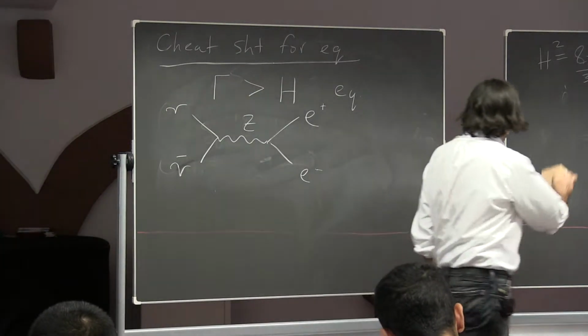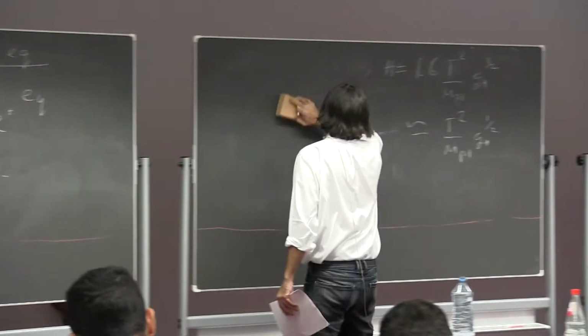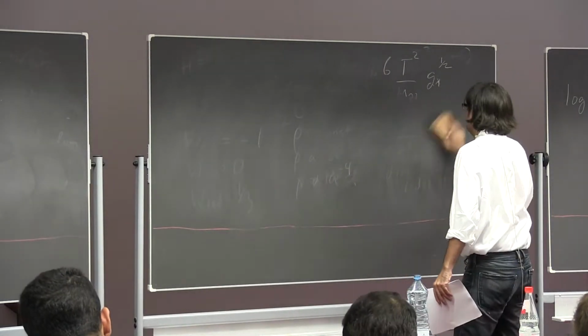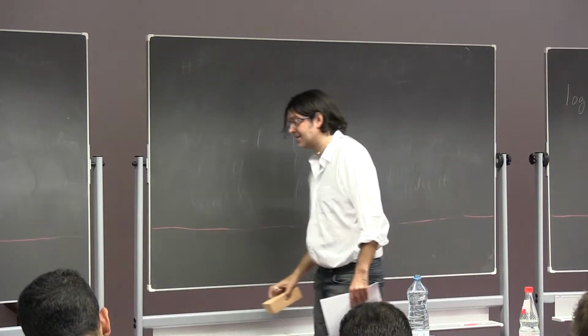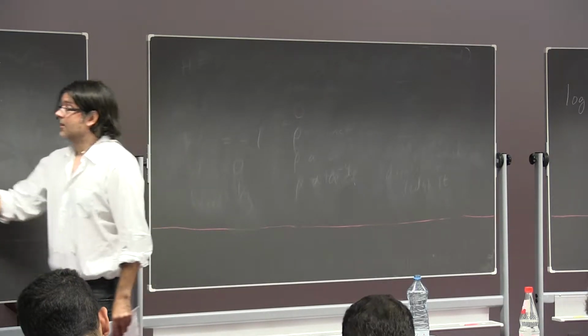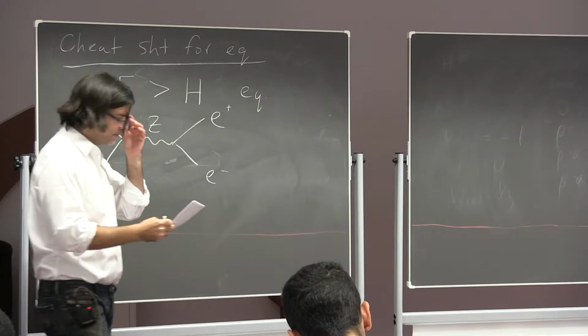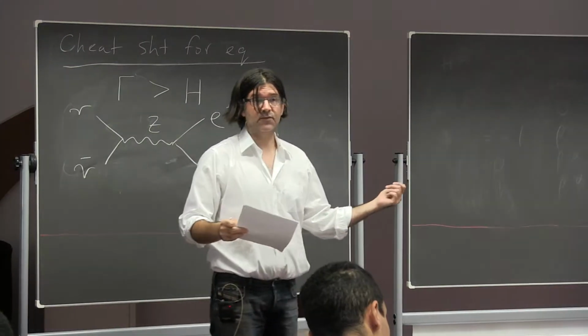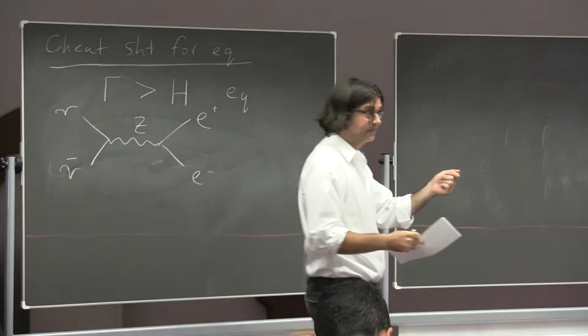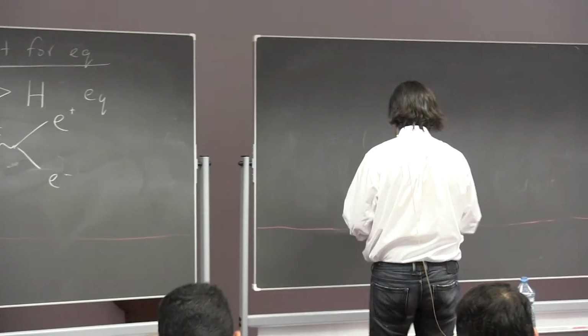They're relativistic. And so if you're above the mass of the electron and above the mass of the neutrino, which if you're above the mass of the electron you are, then there's no dimensionful parameter in your theory except for temperature and the coupling constant.